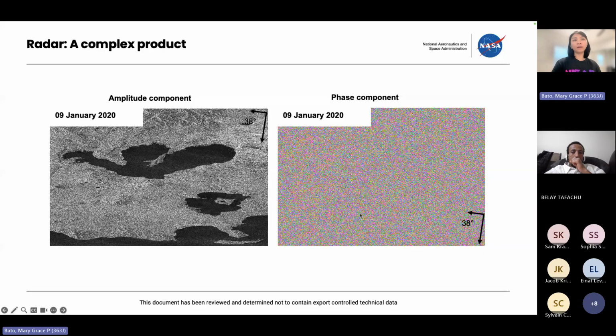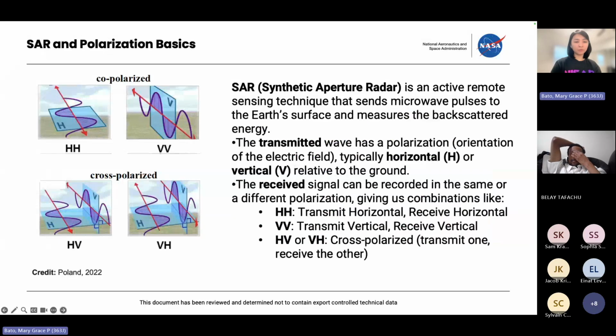But we will go back to this concept of leveraging the phase to measure ground deformation later on. In terms of the backscatter image, there are many applications that you can do on the amplitude part.